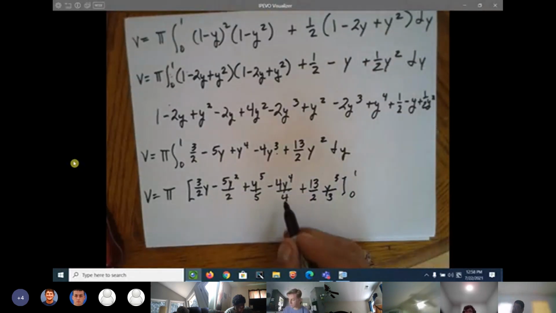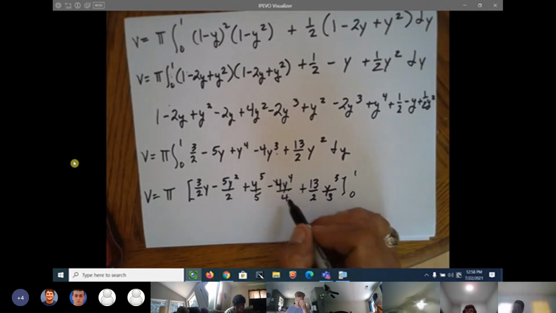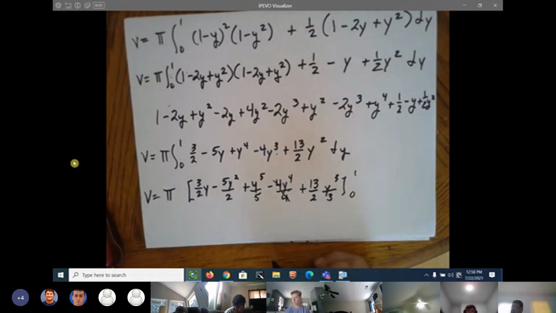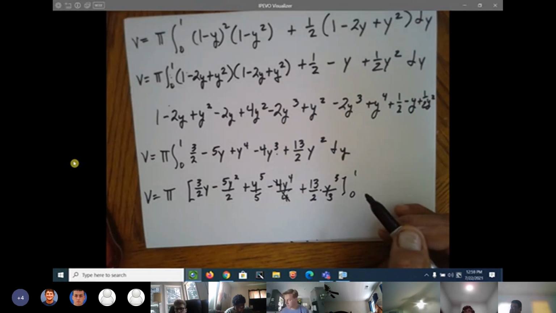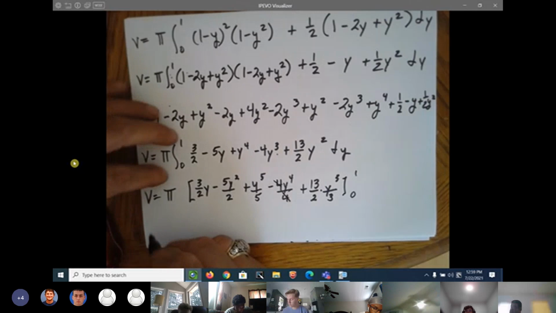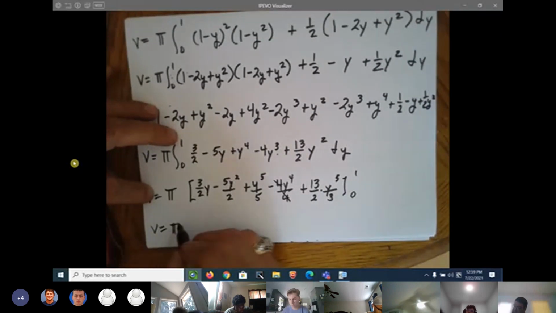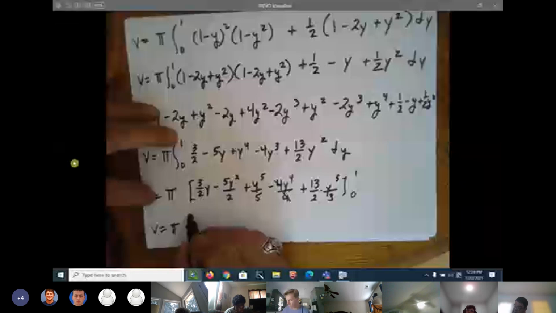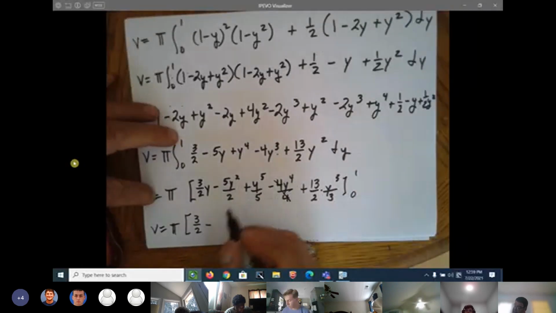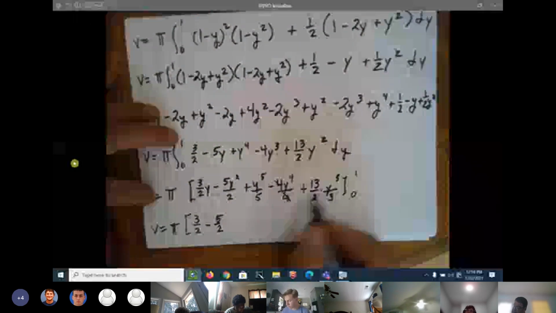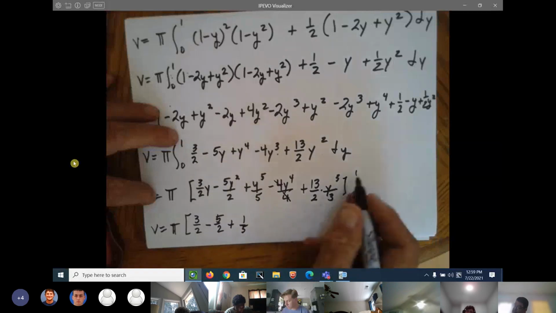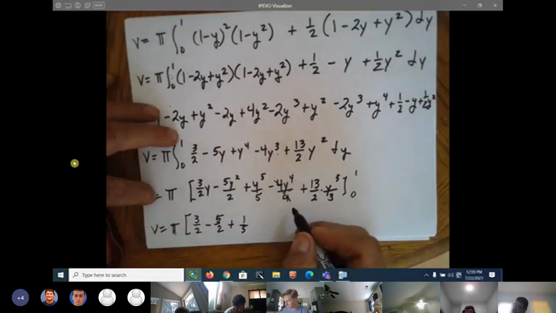And we may be able to clean up a couple of these. That 4 goes out with that. And this really doesn't do anything. So it looks like V is equal to pi times 3/2 minus, well, 1 here would be 5/2, plus 1/5 minus 4, well, so that cancels, so that would be just 1.